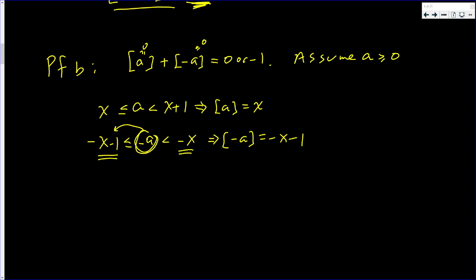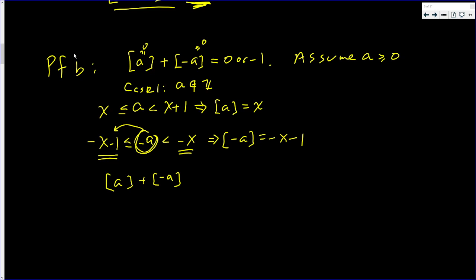Now, I guess I left out something. Case 1. a is not an integer. Okay, so the greatest integer of a plus the greatest integer of negative a.